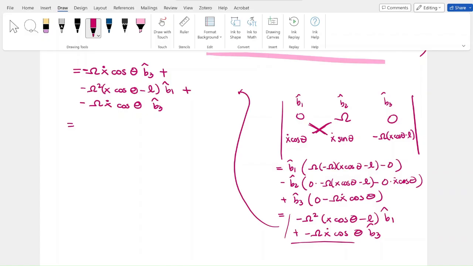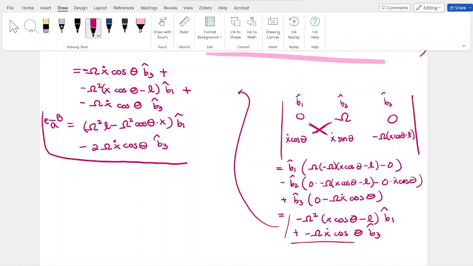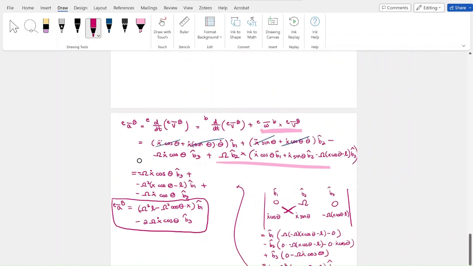I can write this as omega squared L minus omega squared cosine theta times x B1 hat minus 2 omega, I cannot figure out how to say omega. Okay, so that is our simplified result. Let me check what it matches. Yep, this matches with our solution. So we have the acceleration of B with respect to E equal to this. Okay, that's our answer to this problem.